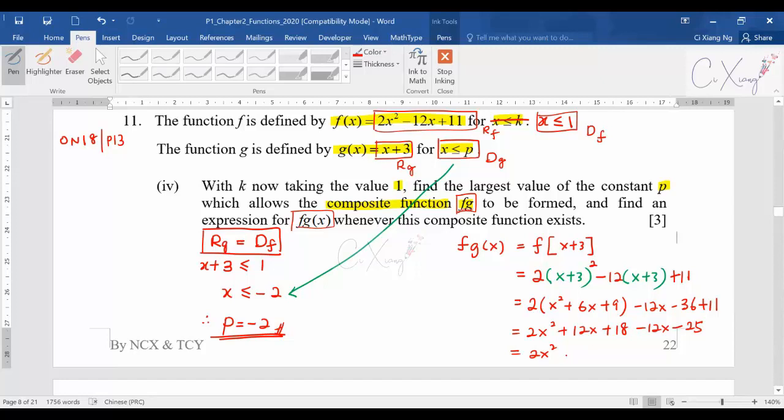Then 18 plus 11 minus 36 gives negative 7. Correct me if I made any careless mistake. So temporarily I get the answer, 2x squared minus 7.